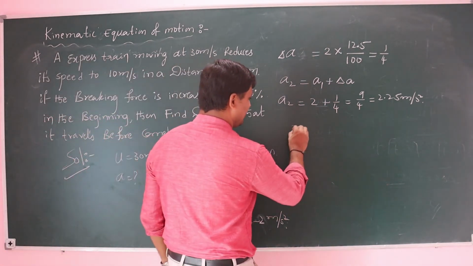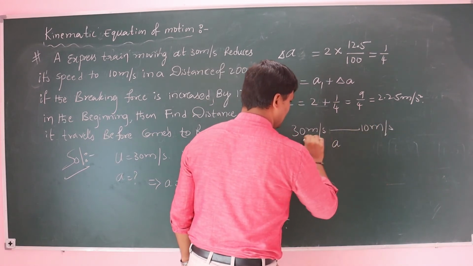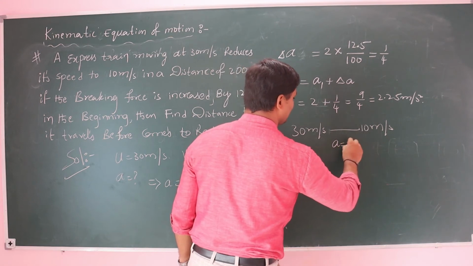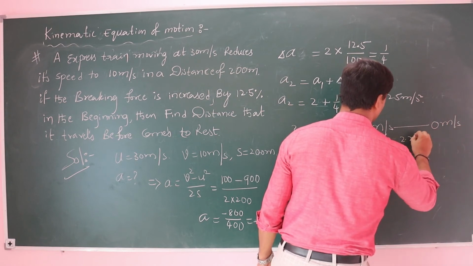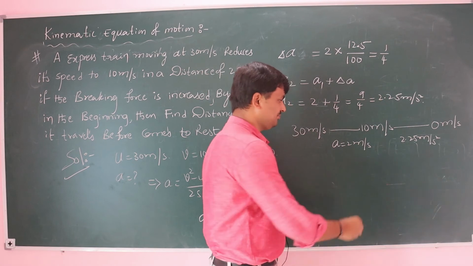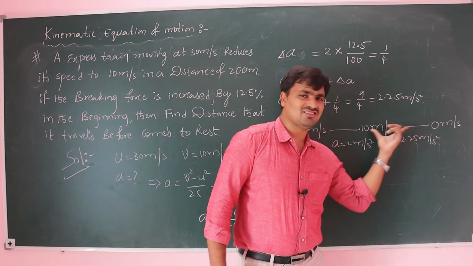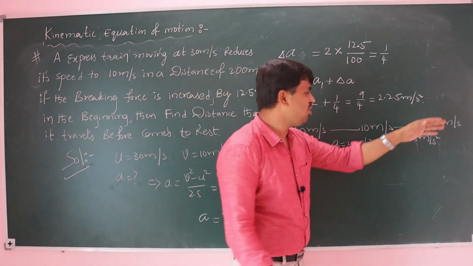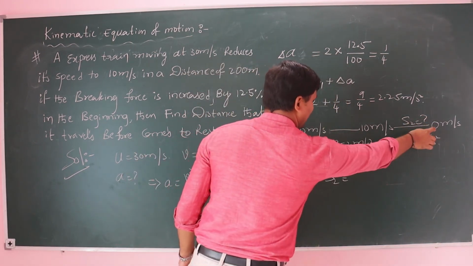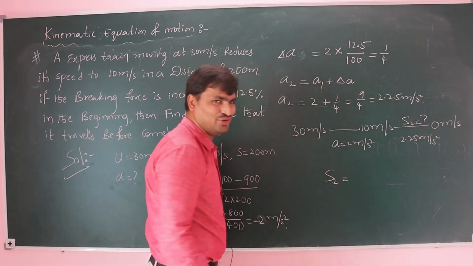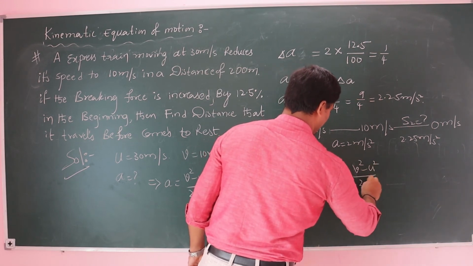See here, from 30 meters per second to 10 meters per second the acceleration is 2 meters per second squared, and from 10 meters per second to 0 the acceleration is 2.25 meters per second squared. The first distance, 200 meters, you already know. For the second distance, S2 equals v squared minus u squared by 2a.